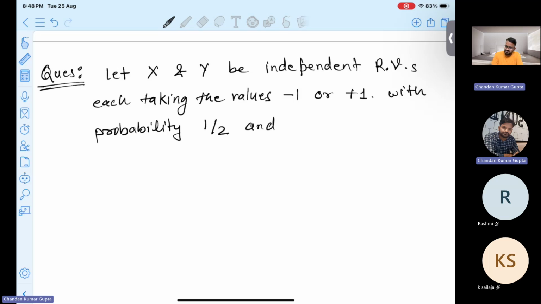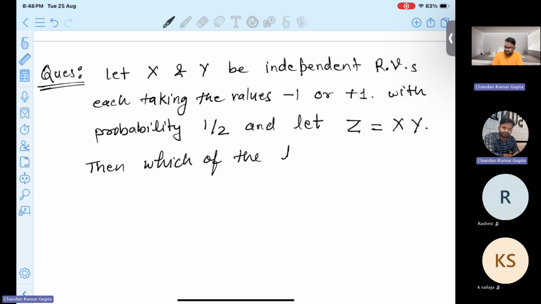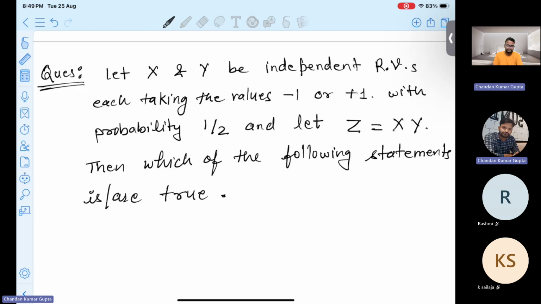And let us define another random variable Z, which is defined as the product of the random variables X and Y. Then which of the following statements is or are true?